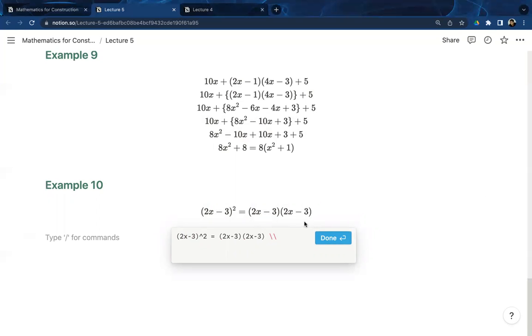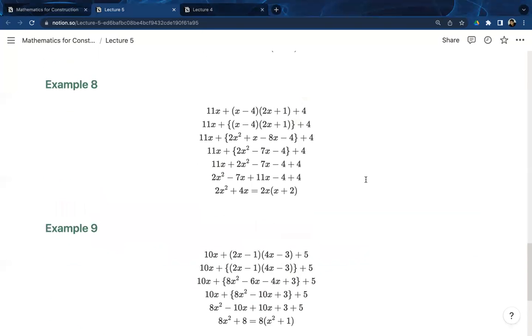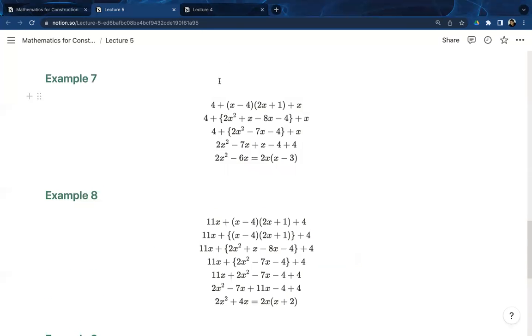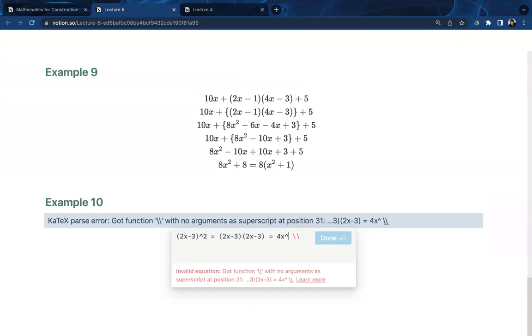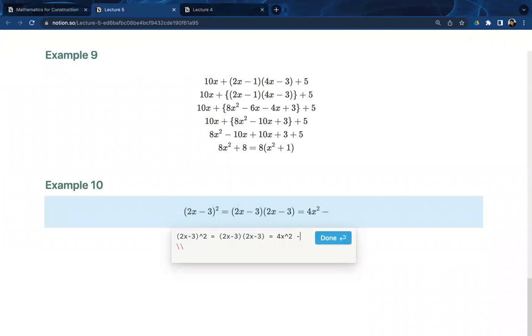So these questions from before, the 2 brackets you have to multiply, they were different. But with these questions, when you see squared, the 2 brackets are the same. So this is 4x squared minus 6x minus 6x plus 9.